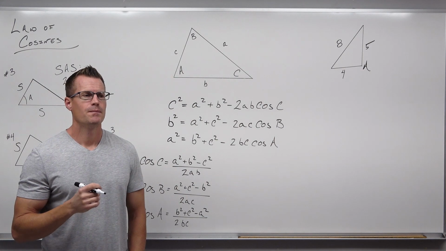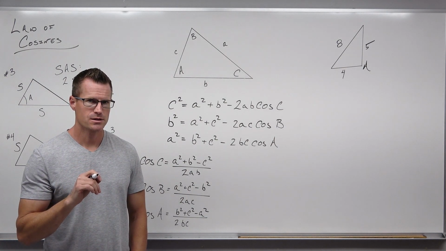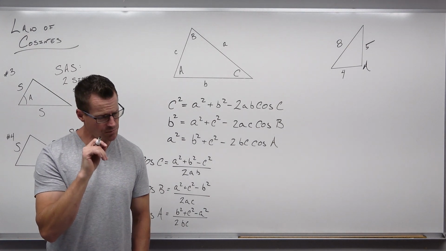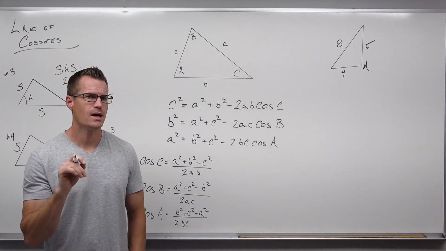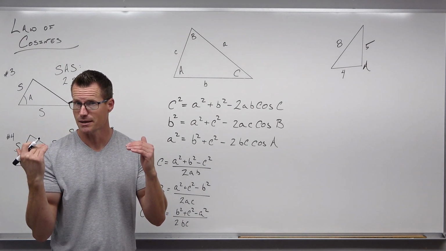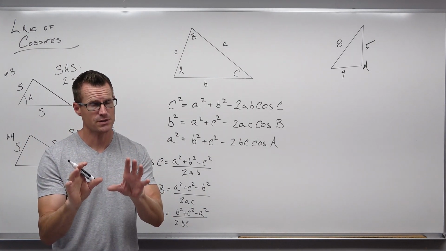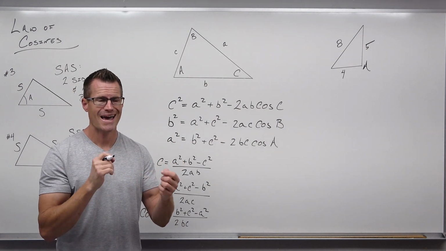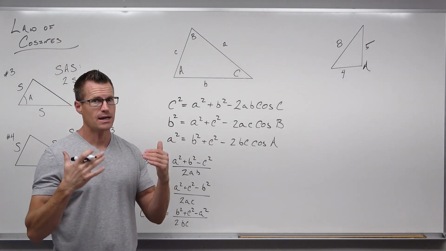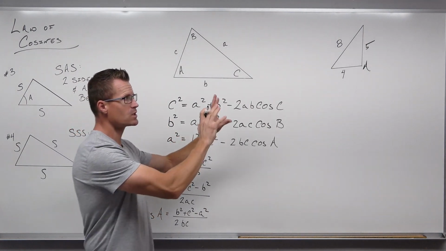Number two, using the law of sines to find the angle opposite the smallest side guarantees you have an acute angle, and it guarantees you don't have to check 180 minus theta. That's the way I would use law of sines to kind of trick the problem and not have to use law of cosines twice. But again, you need to know that. I'll explain that as we go through right now.